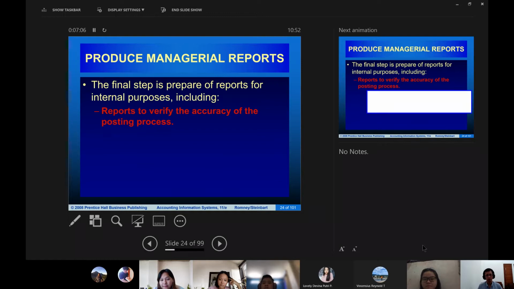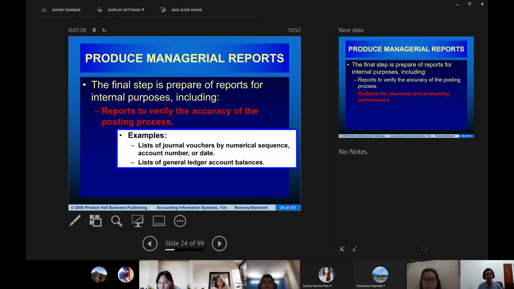Among other things, they are used to verify the accuracy of the posting process. Remember Sarbanes-Oxley: the CEO and the Chief Financial Officer are responsible for the financial report published by the company, so they have to verify the accuracy of the posting process.